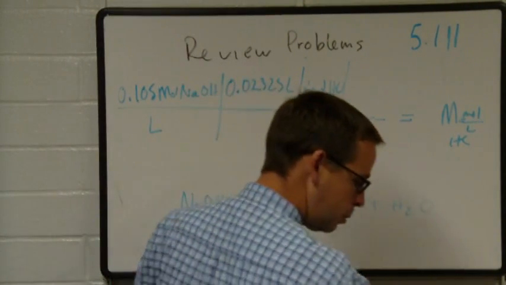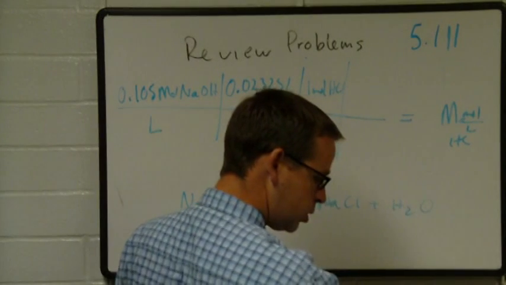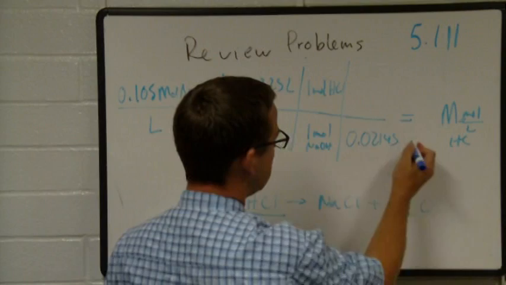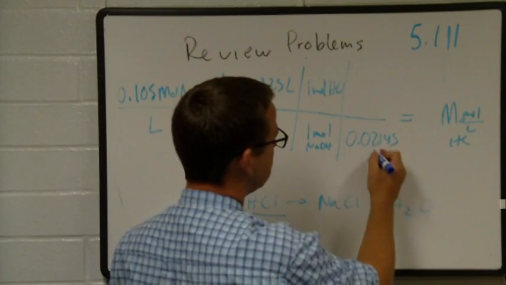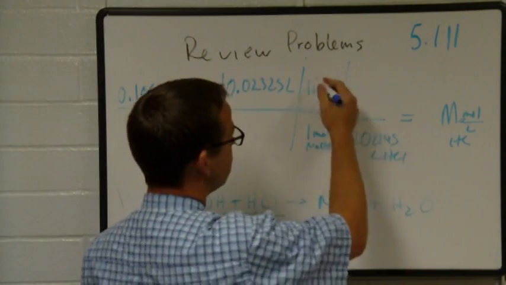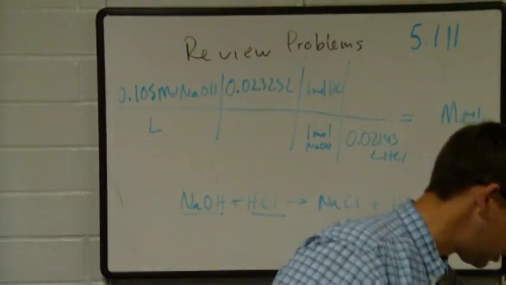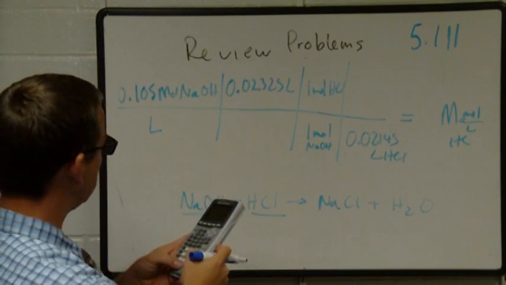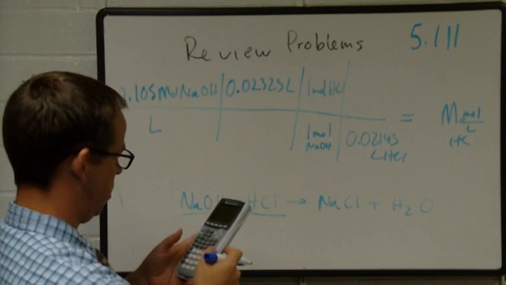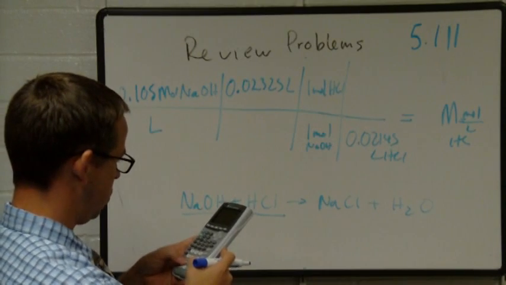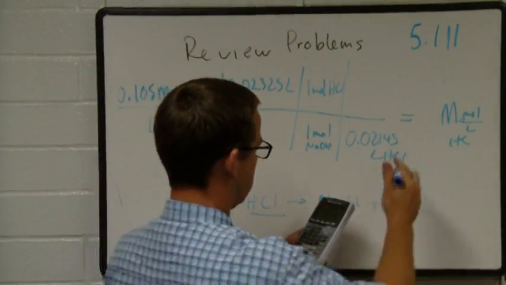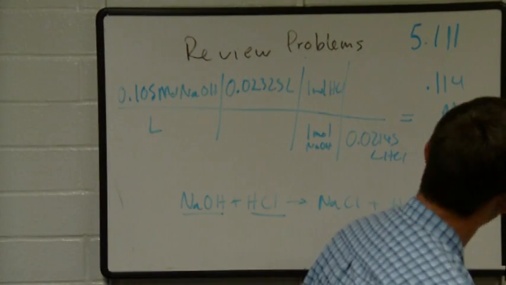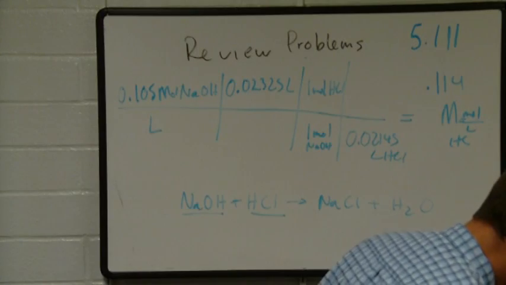So if we just divide this by how many liters of HCl there were, which is 0.02145 liters, then we're in moles of HCl divided by liters of HCl, and that should tell us the molarity of the HCl. 0.105 times 0.02325 divided by 0.02145. All right, so I'm getting a molarity of 0.114 molar, and that was number 111. Okay, good.